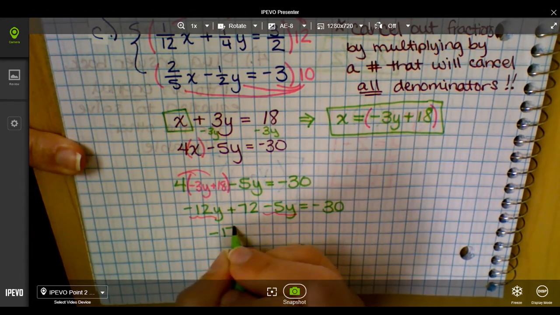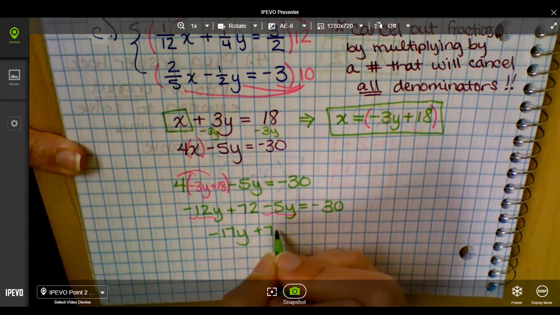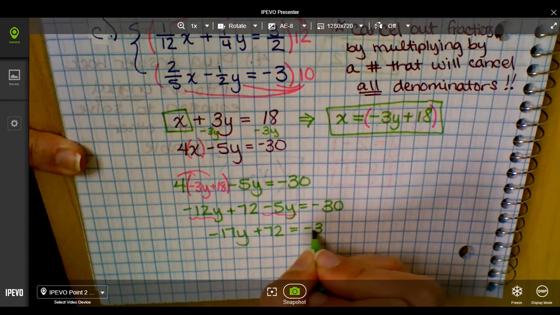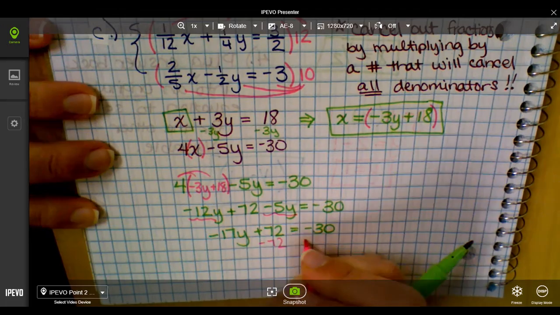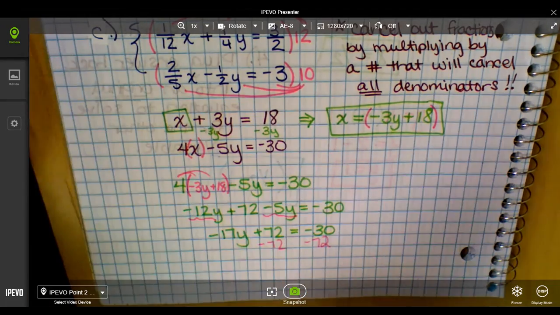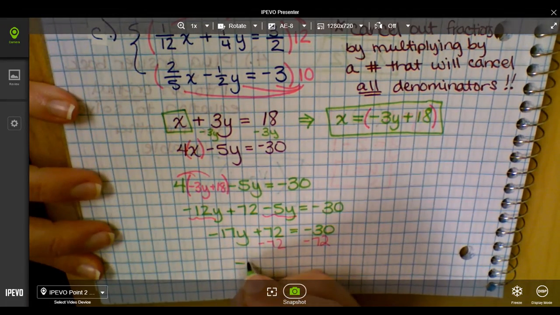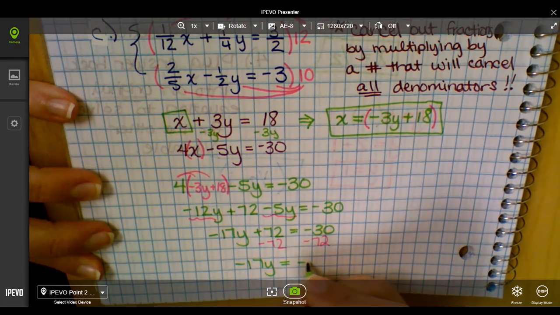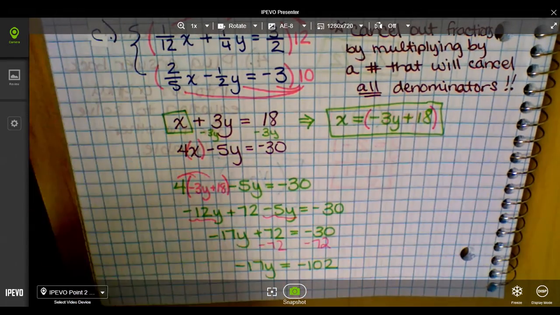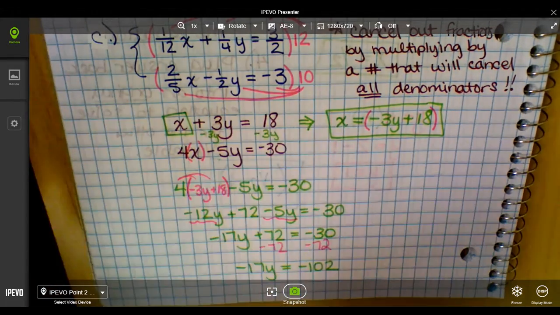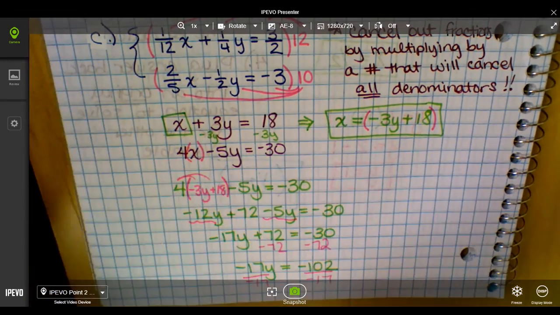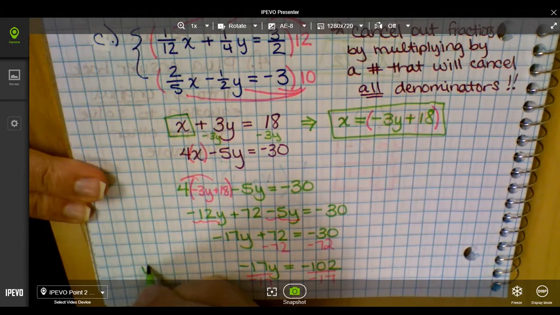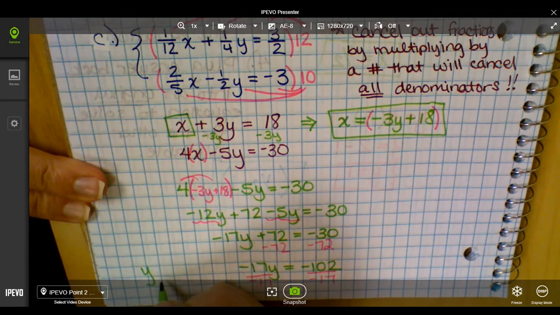So this is negative 17y plus 72 equals negative 30. Subtract 72. This is going to be a big number. So now I have negative 17y equals negative 102. Divide by negative 17. And I'm just going to write it over here. y is going to equal positive 6.